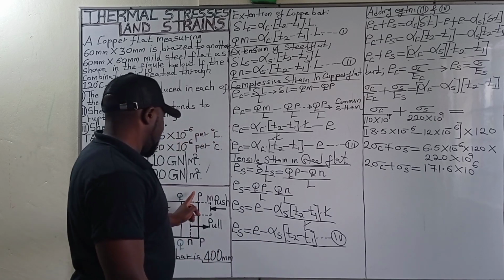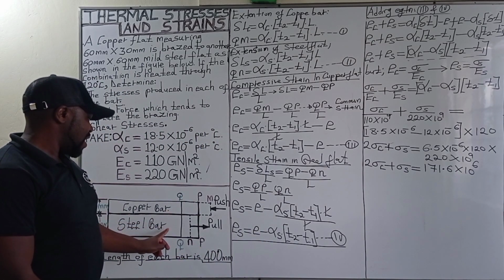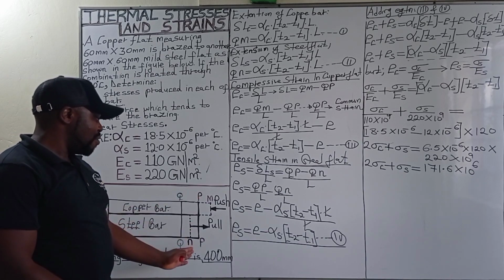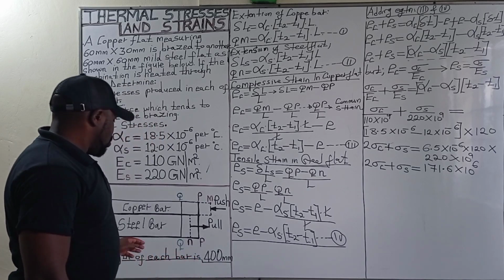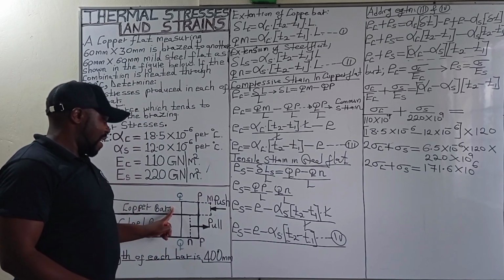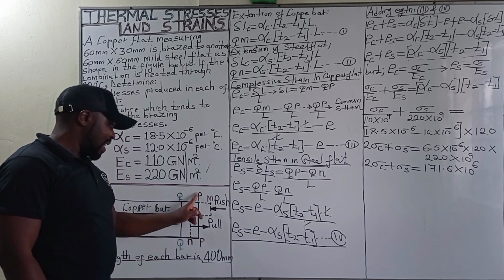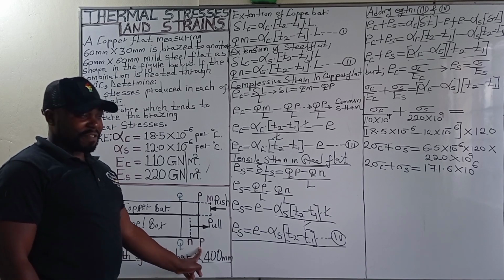At this position PP, the point where both copper and steel are going to be stable, no more pushing, no more pulling, the push in copper will be equal to the pull in steel at this point of compromising, the point of stability.